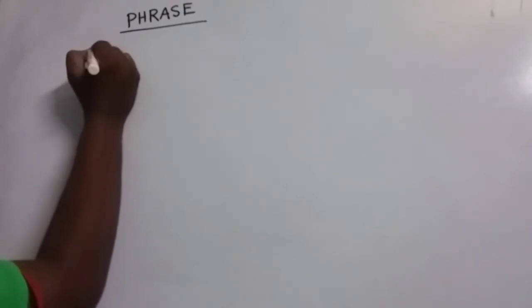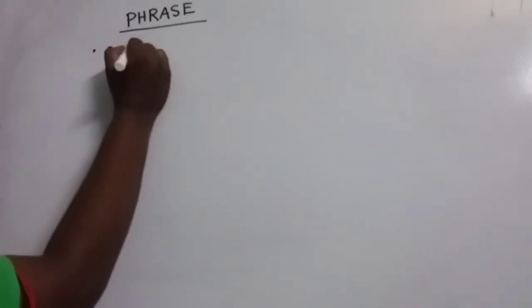My dear friends, I want to inform you about the definition, what we get from this practice or from this earlier part. The first thing is that a phrase is a group of words.